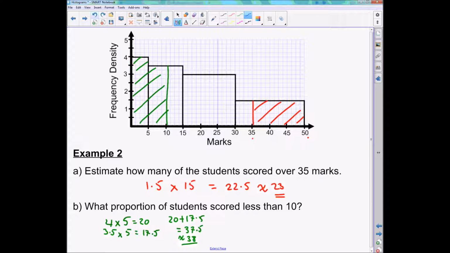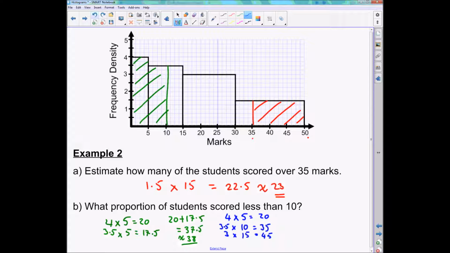So now I need to calculate how many people there are in total. So I need the frequency of every single bar. So the very first one is going to be a frequency density of 4 multiplied by the class width of 5, which is 20. The second bar has a frequency density of 3.5 multiplied by a class width of 10 is 35. The fourth bar has got a frequency density of 3 and it's got a class width of 15, so that has got a frequency of 45.